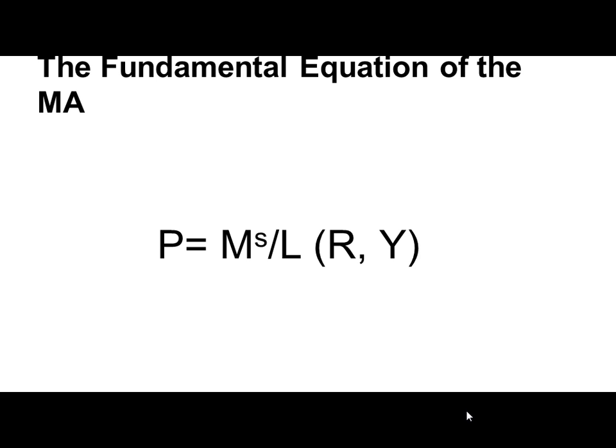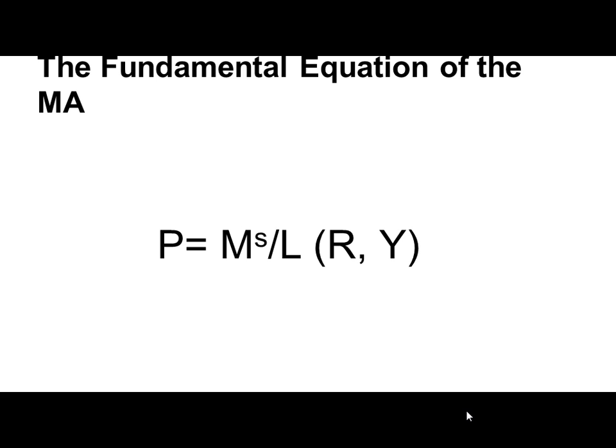In the previous chapter, chapter 15 or so, we already learned that we can express price levels in terms of money supply and money demand. You already know this equation.